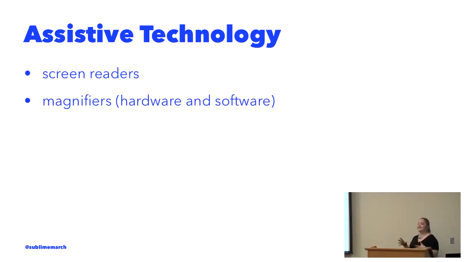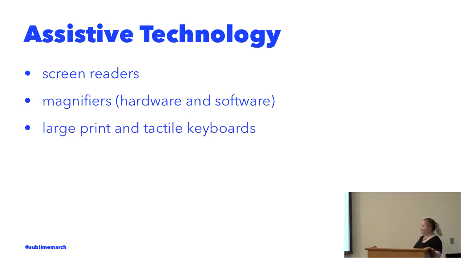This also includes magnifiers, either like a physical magnifier that goes over a screen that magnifies it, or software that can increase the size of text and things like that. You may have accidentally done this before on your computer, like, oh, the text is really huge, what did I do, right? Yeah. Also, this includes large print and tactile keyboards.